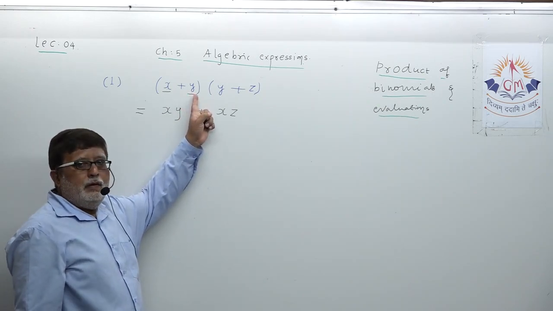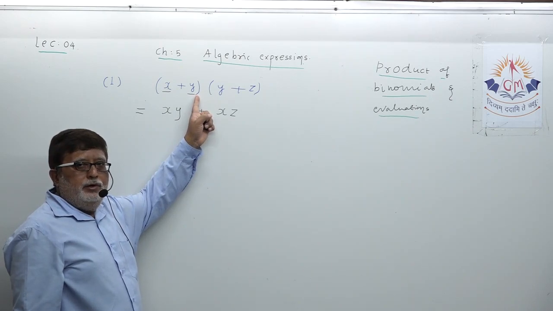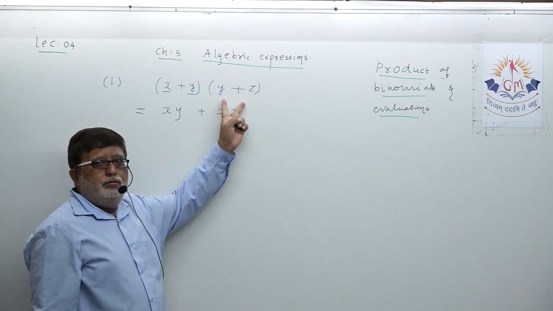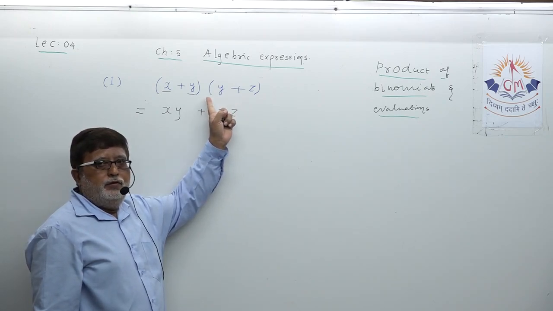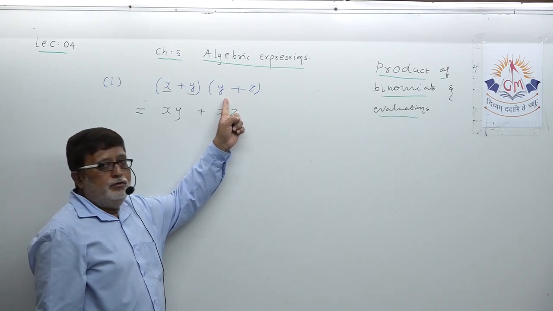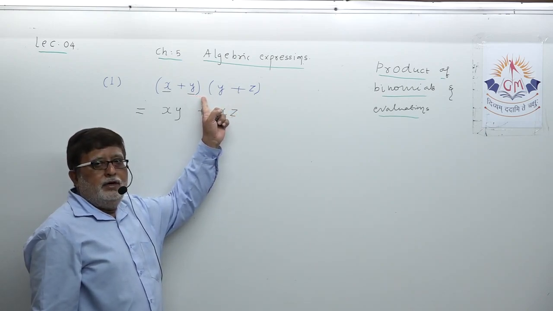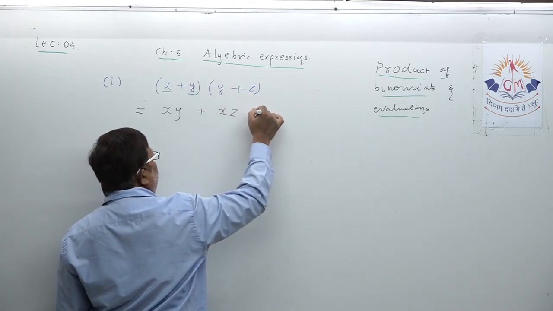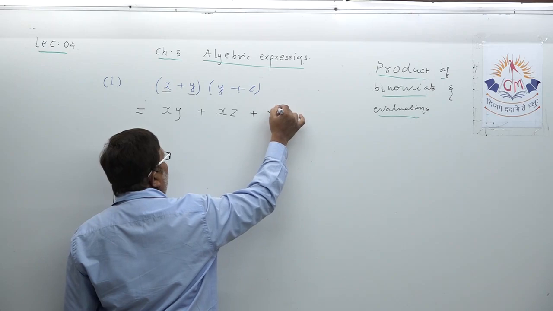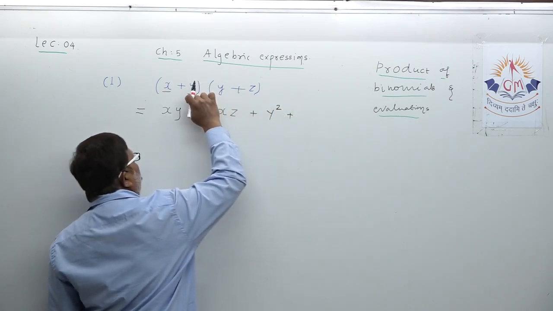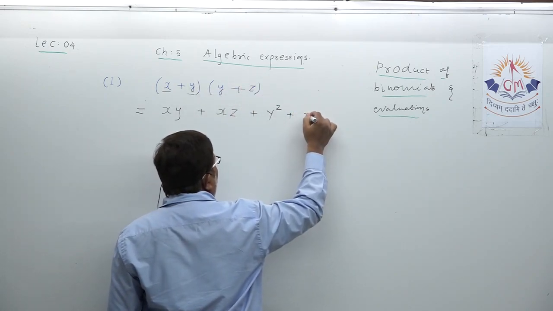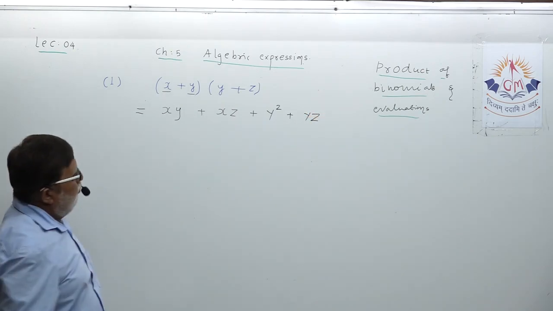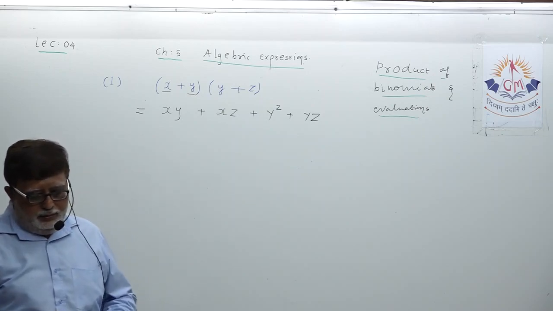Now you have to multiply y with this binomial, means first y with y and then y with z. y into y, addition of the powers, y square. y into z, no addition of power because different variables. So the product of the two binomials is over.